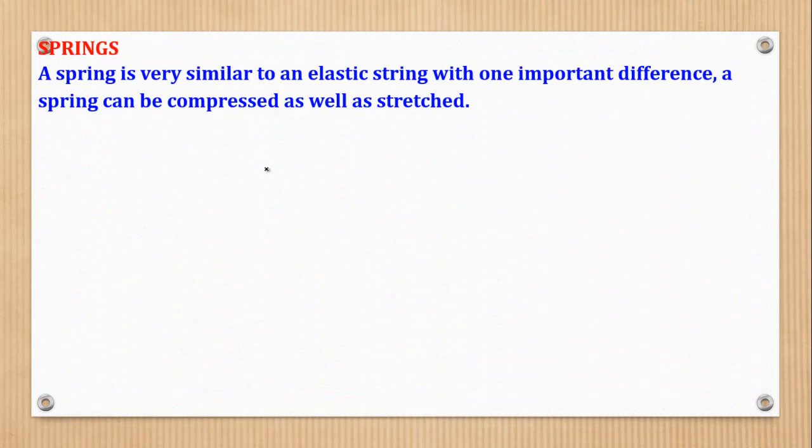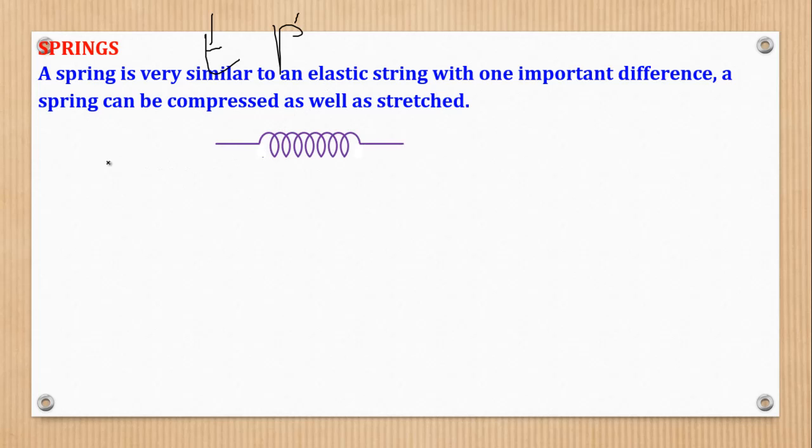That was strings. Now we shall go to springs. Remember, we say the main difference between a string and a spring is that a string is only stretched, but a spring can be compressed as well as stretched.